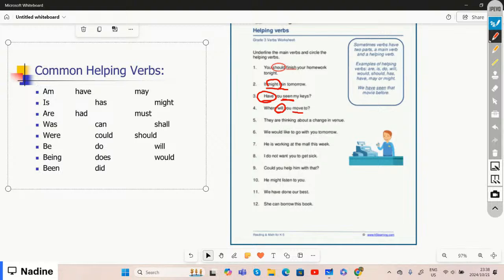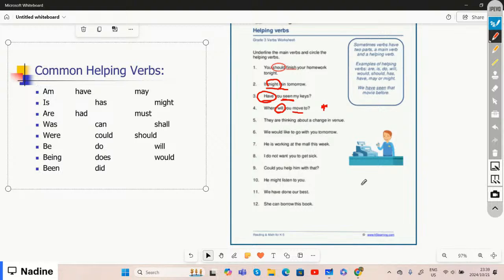Remember we said that the helping verb will always be before the main verb. So move is the main verb, the action that we are doing.